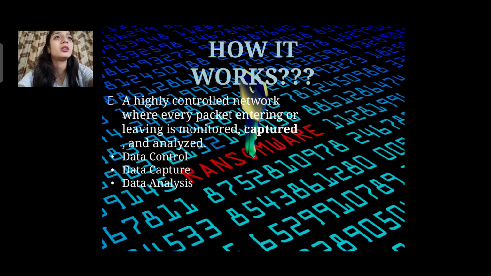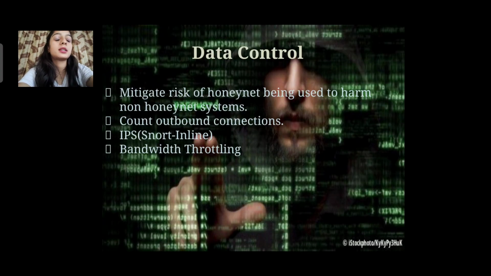Compared to other intrusion systems, honeypots do not generate incorrect alerts or log files like other intrusion systems, because no productive components are running on the system. As we say that data control, data capture, and data analysis are the three main types of the working of honeypots, so let's discuss them one by one.